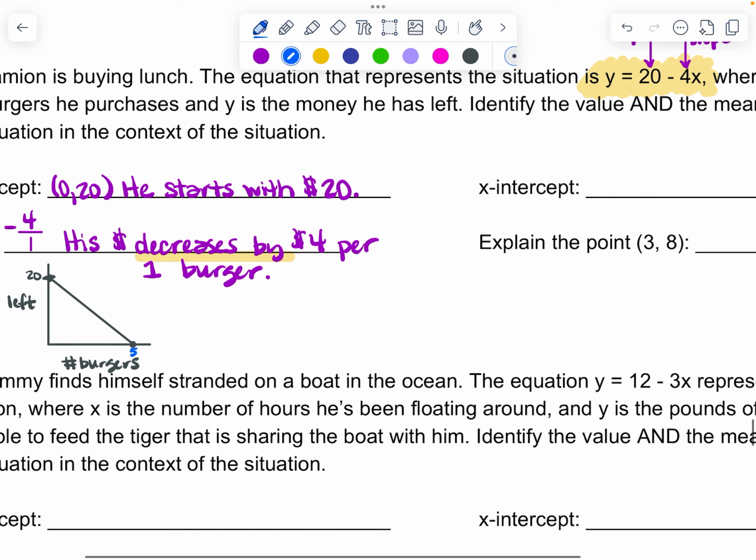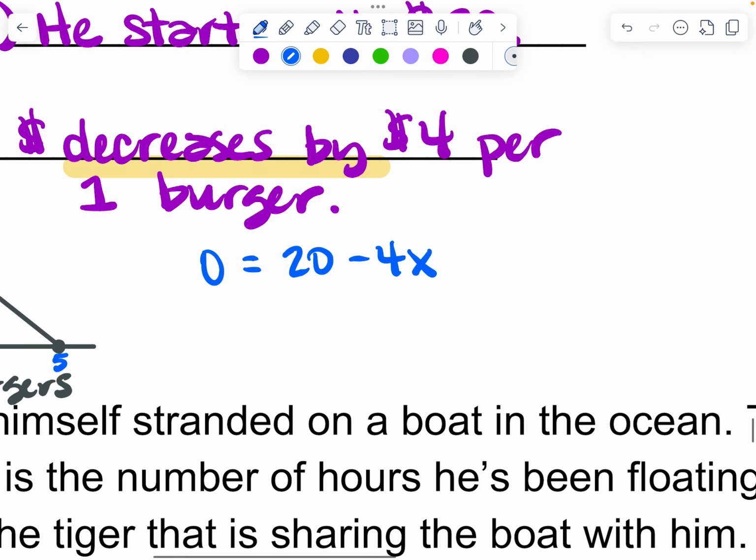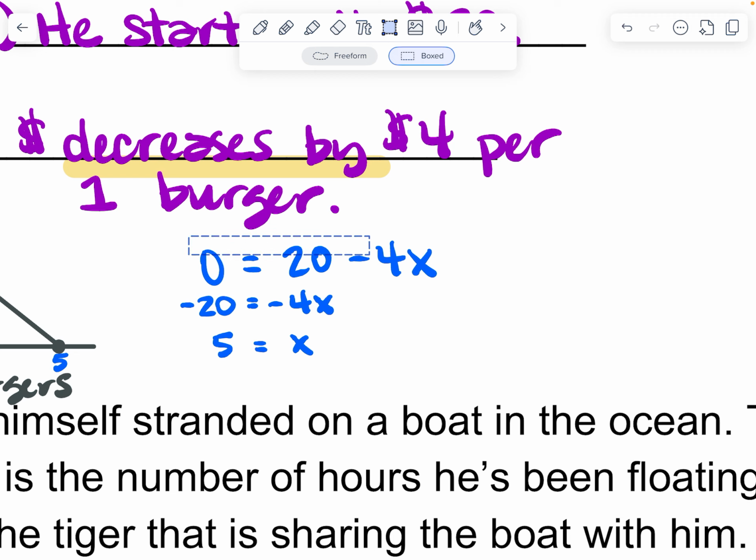If you're not sure about that, then you can always do what we always do to find x-intercepts. We put a 0 in for y and we solve for x. So we would subtract the 20 to the other side, and then divide by -4, and we would get x equals 5. But I think we can figure that out using logical number sense.